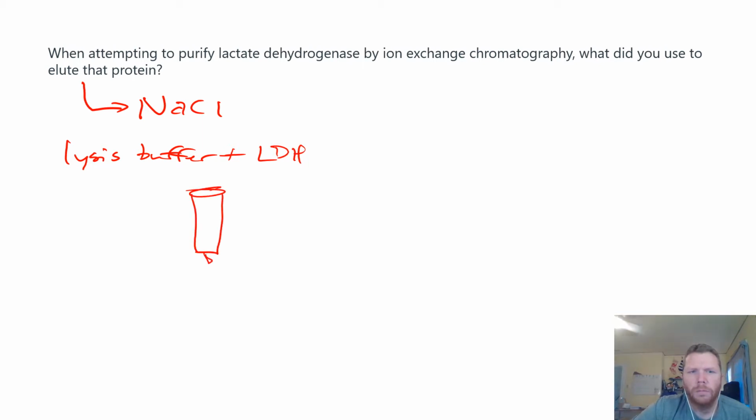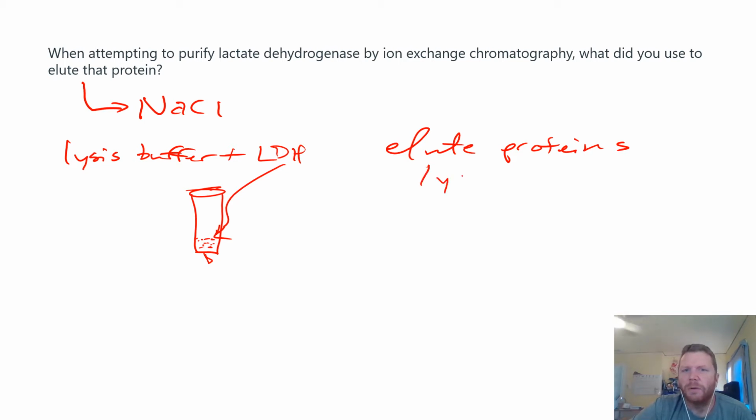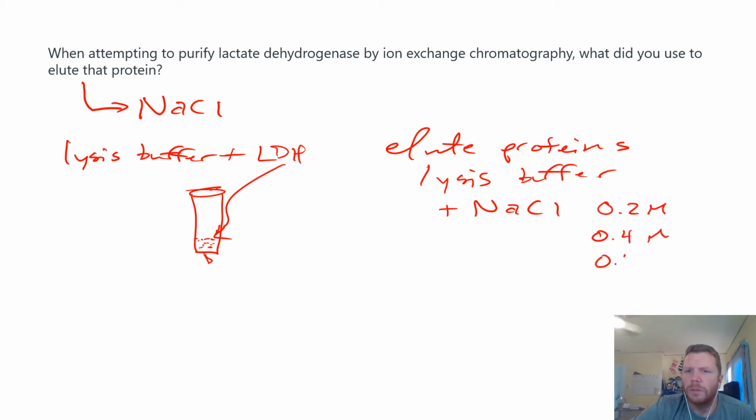And those Q-Sepharose beads that were in here are going to bind to our LDH and basically adhere to that. That's kind of our ideal in our design. Now, when we wanted to elute proteins, we used the same lysis buffer, but we included NaCl at a concentration of 0.2 molar, 0.4 molar, and 0.6 molar.